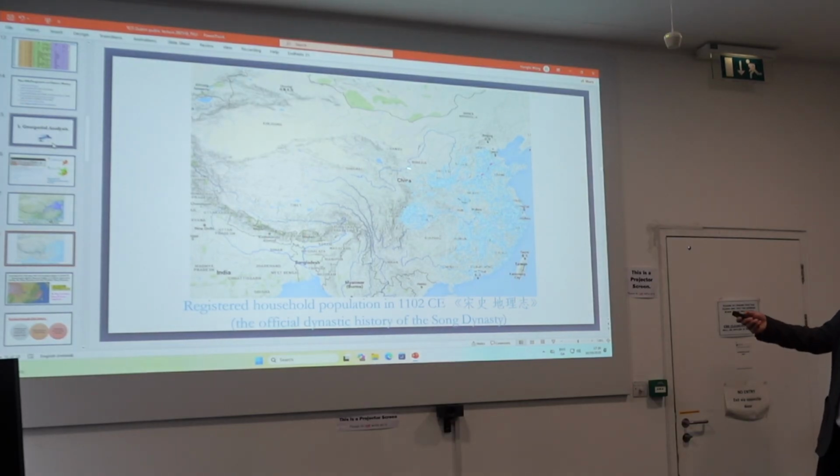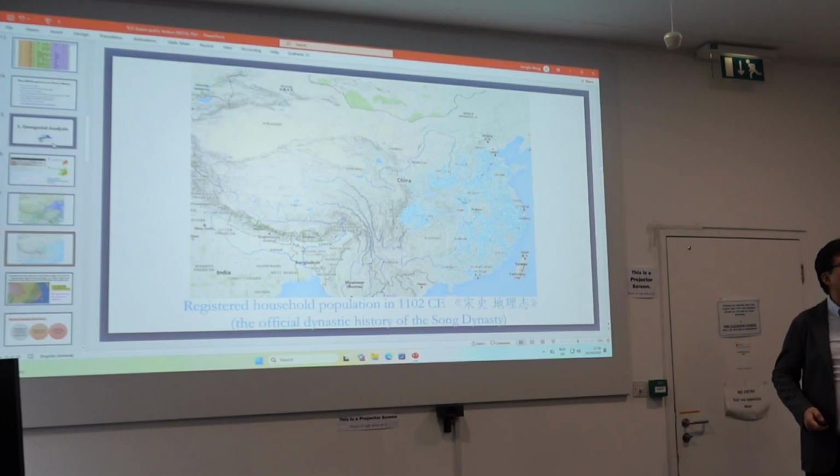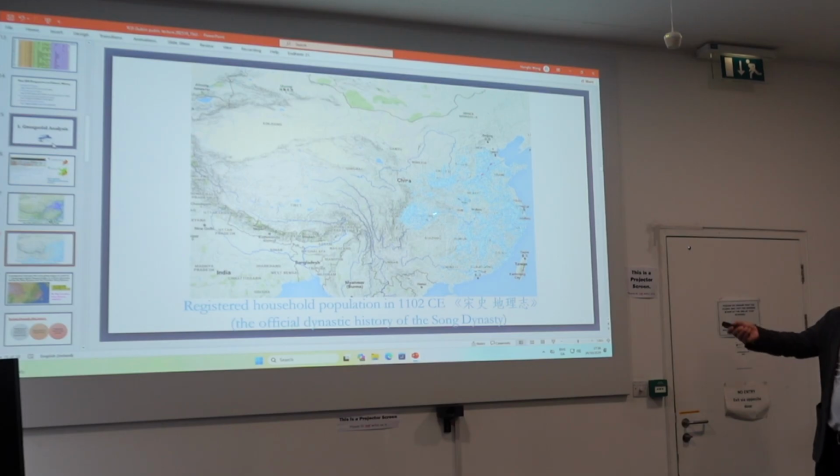So for instance, northwestern China was of course controlled by regimes such as the Tanguts and so on, so no longer part of the areas under the Song.